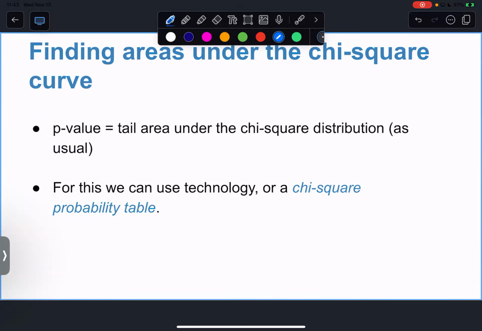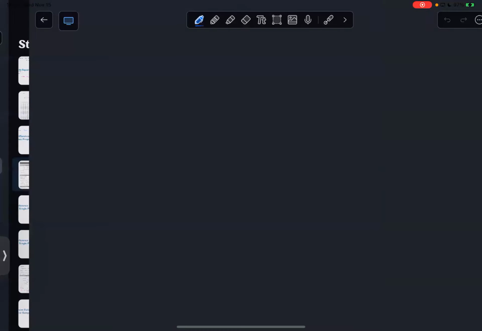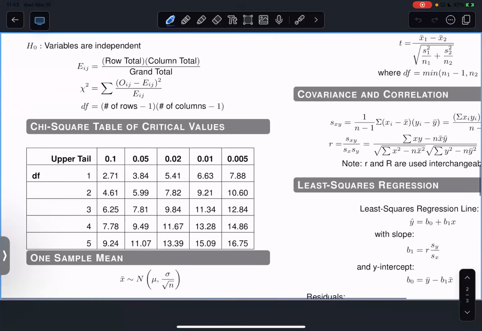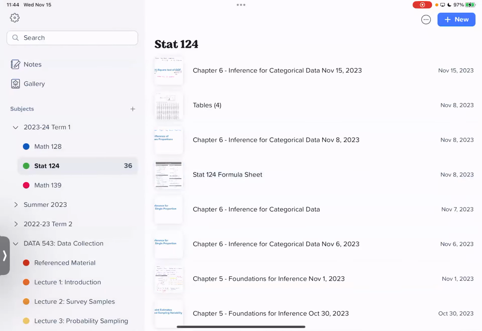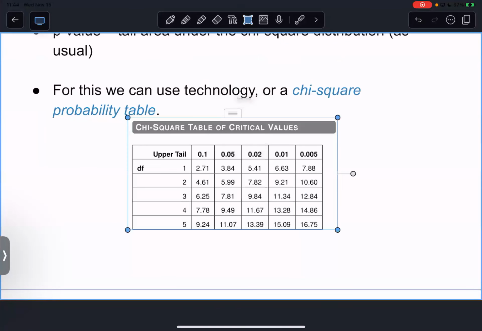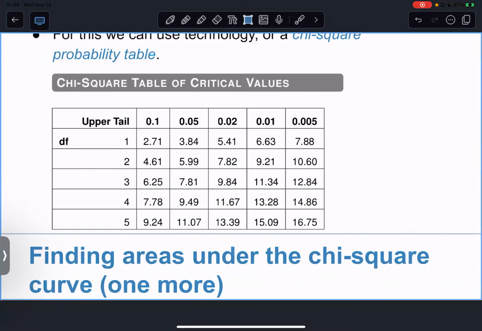There's a table, but I refuse to print off another table. I think 2 is plenty. So what I did was I just put it on your formula sheet. It's down here. There is, of course, a bigger table, and by bigger, I mean a longer table with more degrees of freedom and more probabilities.